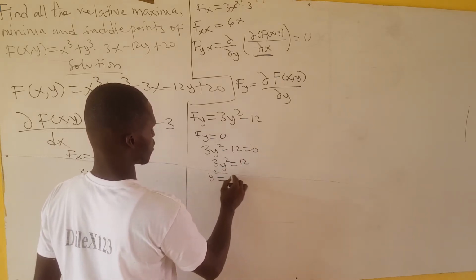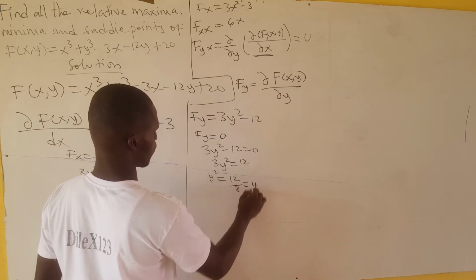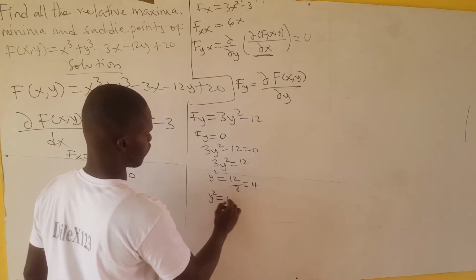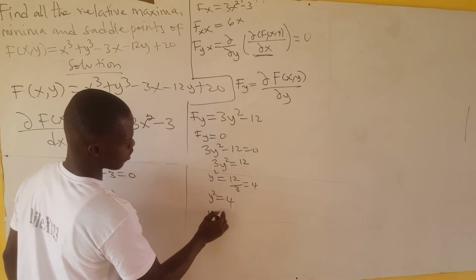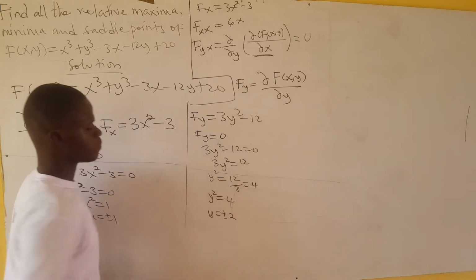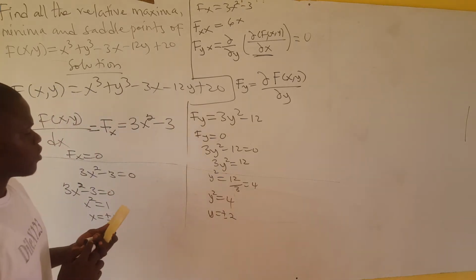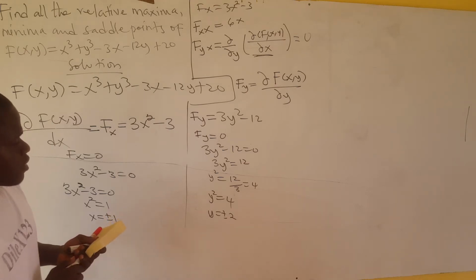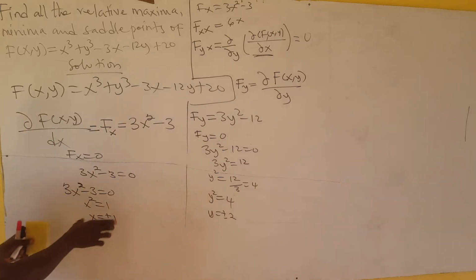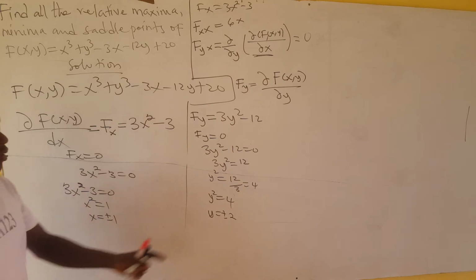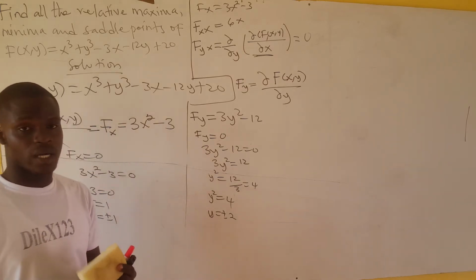So y squared will be equal to 12 over 3, which is 4. So if y squared equals 4, then y will be equal to plus or minus 2. Okay, so we are done with that.